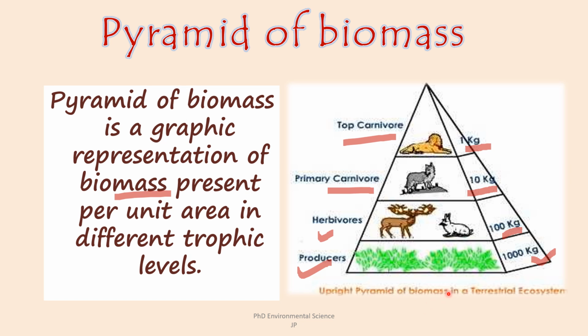Typically, pyramids of biomass are upright, meaning that the biomass decreases as you move up the trophic levels from producers to top predators. However, in certain ecosystems, such as aquatic environments, the pyramid can be inverted as well.